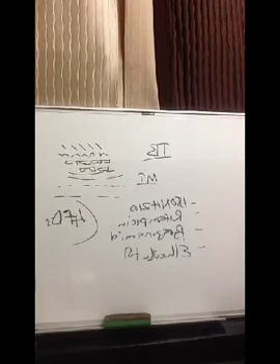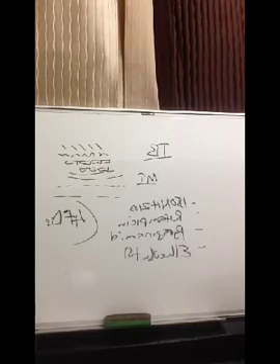Okay, so I'll start with isoniazid. Isoniazid is an analog of pyridoxine, and it's a prodrug which gets activated in your liver by the hepatic CAT-G enzyme. When isoniazid gets activated, how does it work?